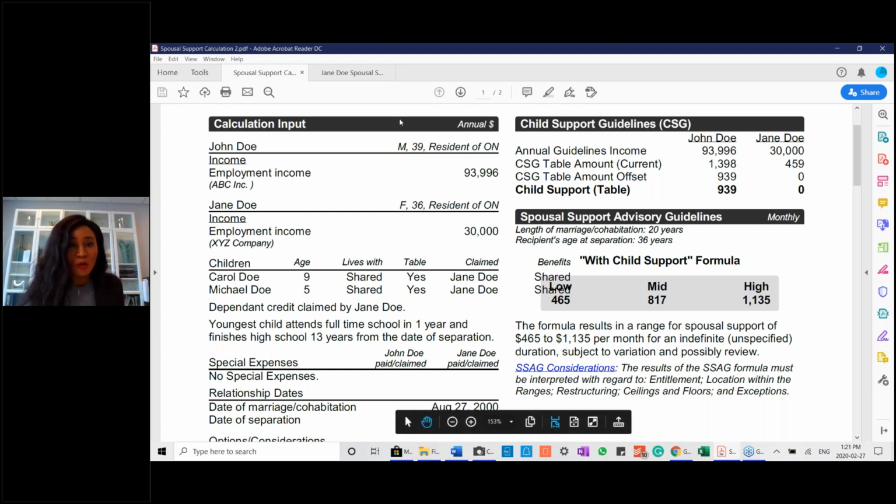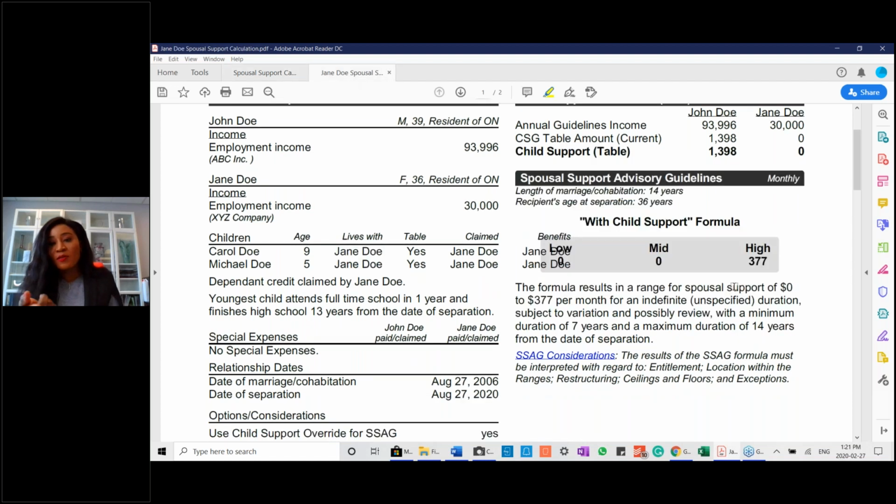If I go to this version of our calculations here, you would see that because the children are residing primarily with Jane, John has to pay the full table amount of child support. And when he does that, in the ranges, we have a 0, 0, and then 377.